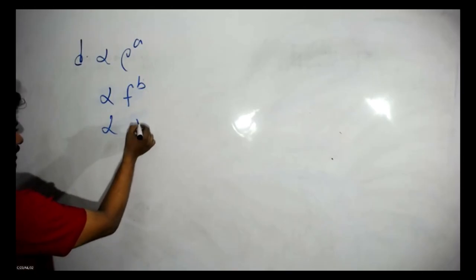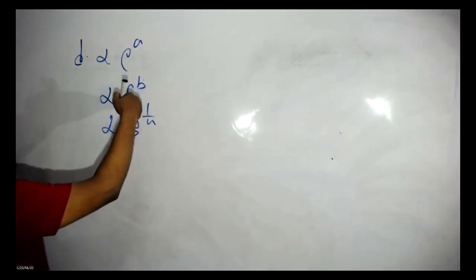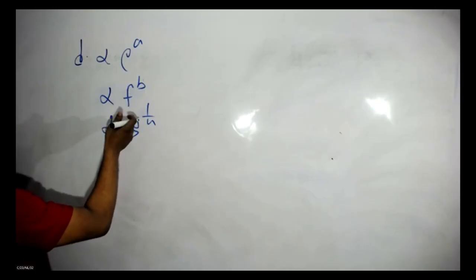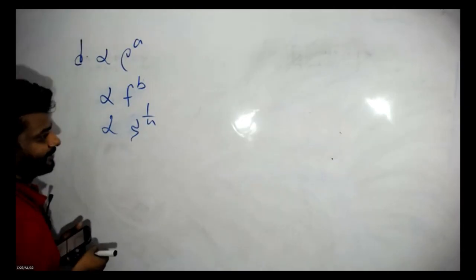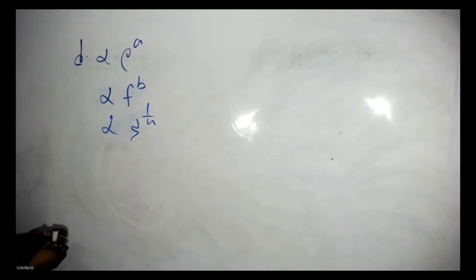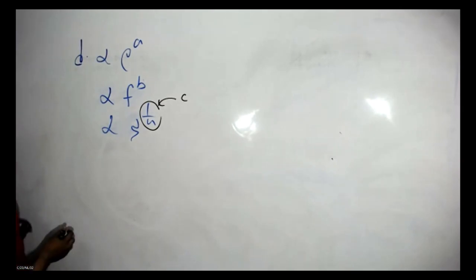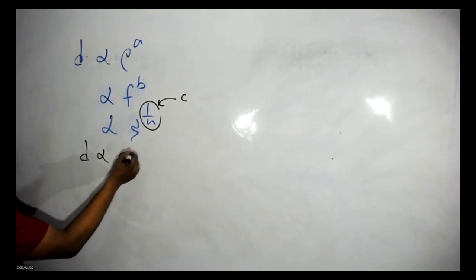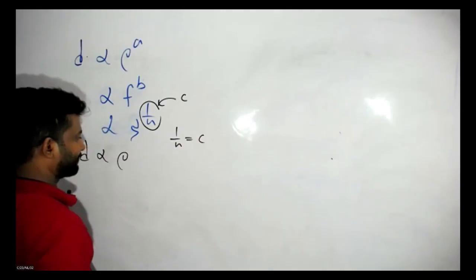In the question they have given d is directly proportional to s to the power 1 over n, not s to the power c. But working with 1 over n is a bit difficult, children. Let's just take it as c. Right? Then you can assume that d is directly proportional to rho to the power a. I assume that 1 over n is equal to c.